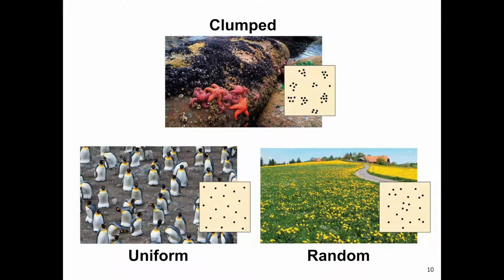That's when individuals are distributed more nearly evenly than would be predicted by chance. This occurs if all individuals depend on the same set of resources, or if predators, having located one prey individual, may search for other members of the same species nearby.